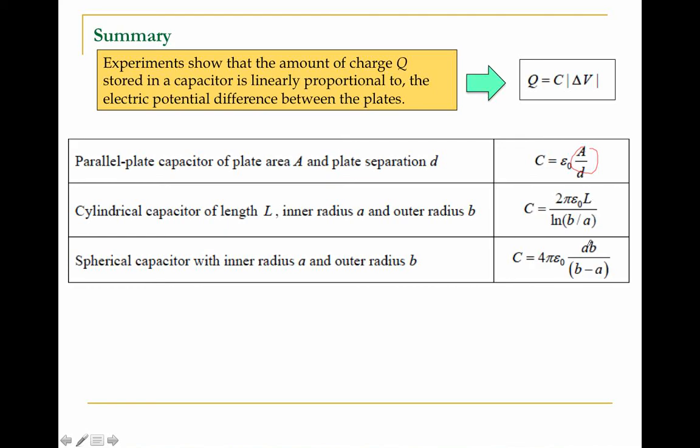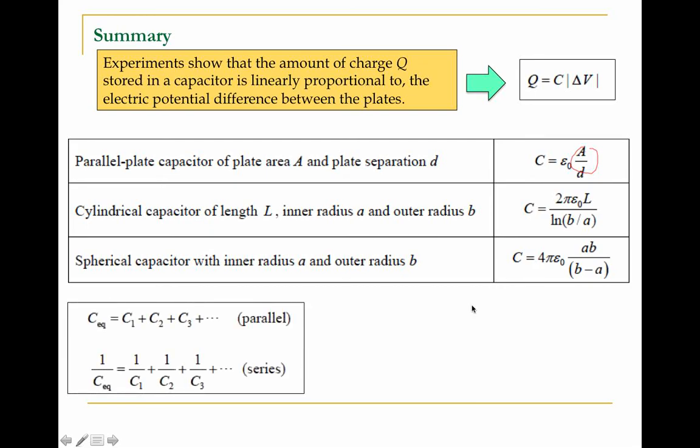A is the radius of the inner sphere, and B is the radius of the inner side of the external shell, so it depends on the dimensions.